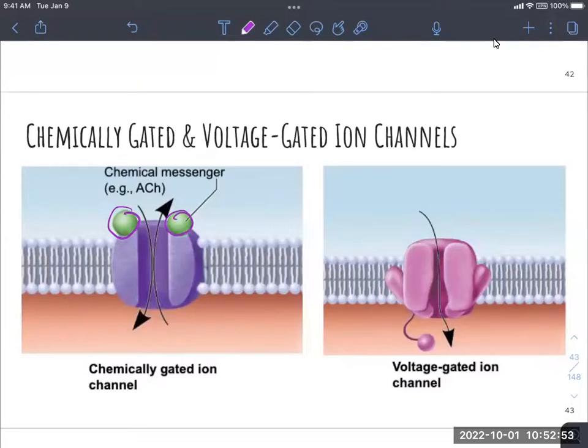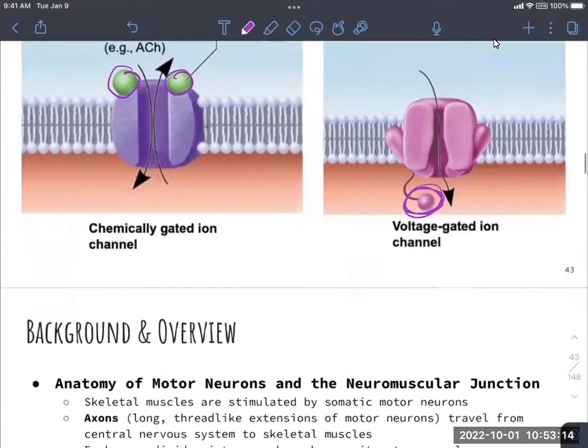If you noticed, this voltage-gated ion channel has this little ball at the end. We'll talk about that when we talk about how all of this works. Because this is what helps the cells get back to their resting membrane potential.